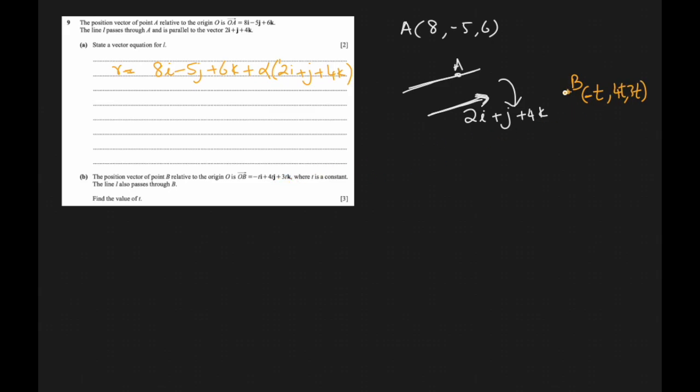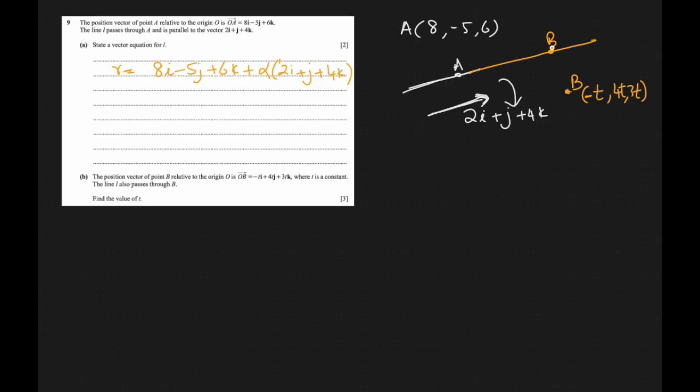This is B. The line L also passes through B. So that means B is on this line. Find the value of t.